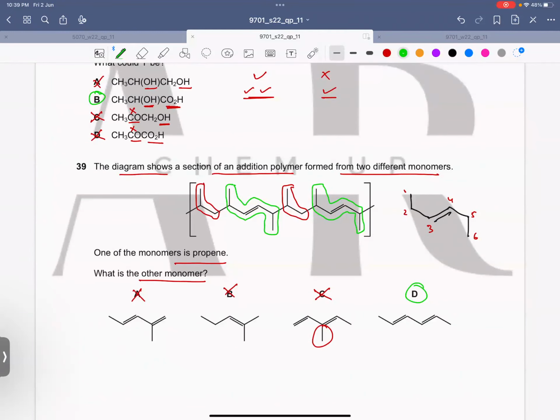Is this clear to everyone? Yes. We excluded A, B, and C all because of the branch, and here there is a branch.